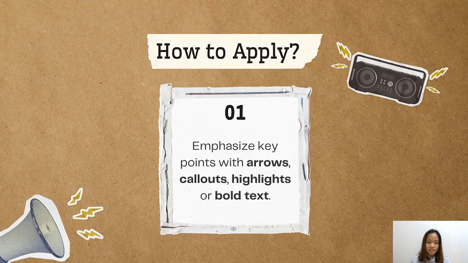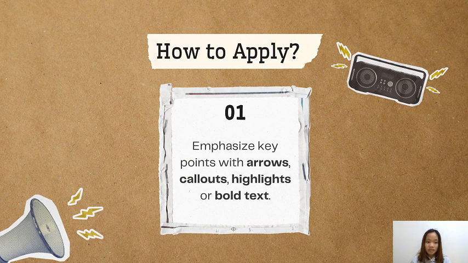It says here, emphasize key points with arrows, callouts, highlights, or bold text. When you see bold, for example, it's also in the previous slides that I've shown you. You can highlight all of these words that you think are must-remember words, because that's how you create emphasis to the words that you really want the audience to remember.